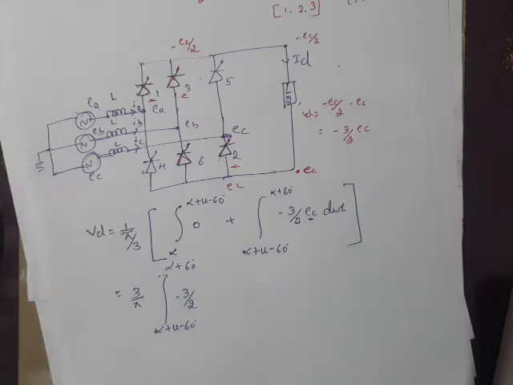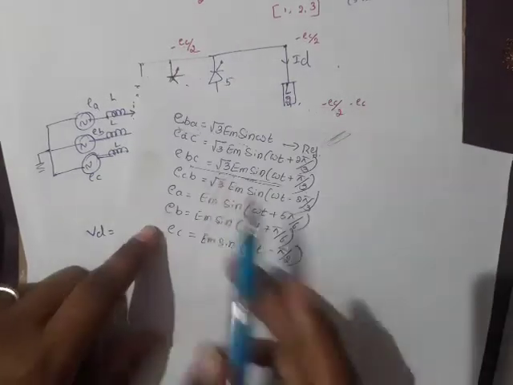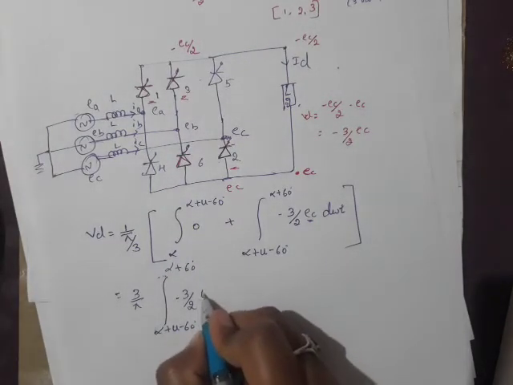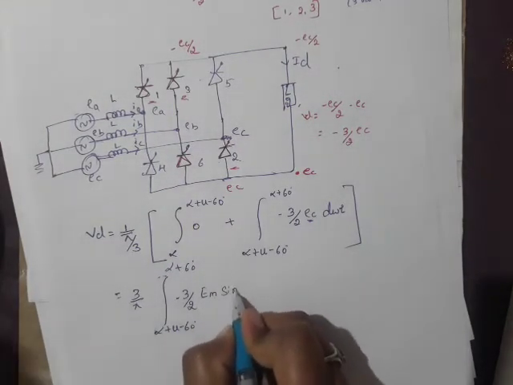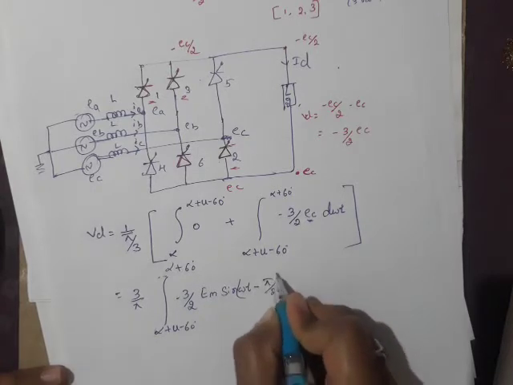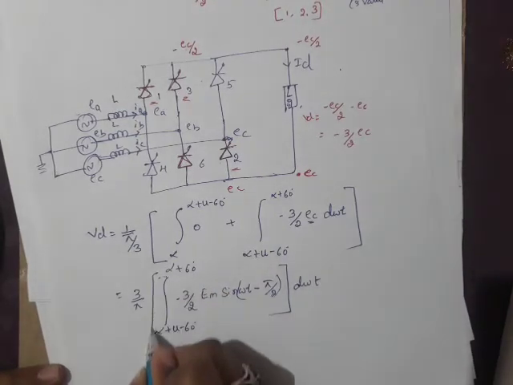With that reference we are getting EC. What is the value of EC? Em sin omega t minus pi by 2. Substitute that. Pi by 2 means 90 degree, with respect to d omega t.